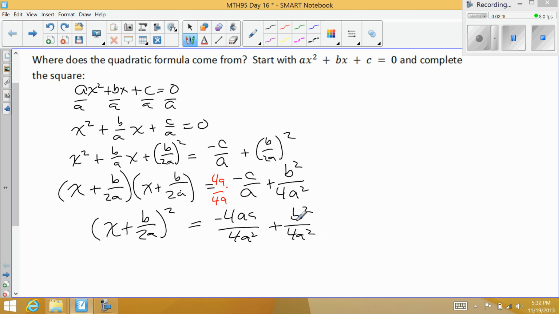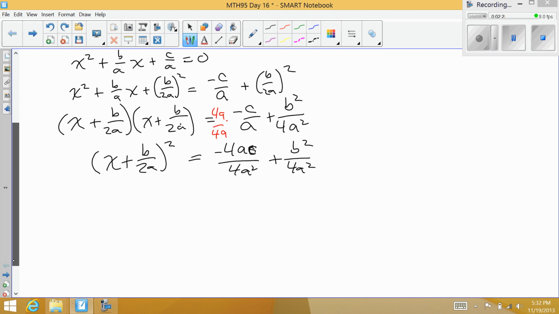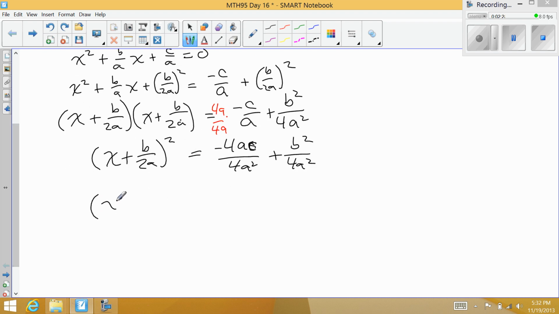Once I have the common denominator, I can add the numerators. Let's clean that up a little bit. Okay, then we have x plus b over 2a squared equals, I'm going to swap the order here, b squared subtract 4ac all over 4a squared.